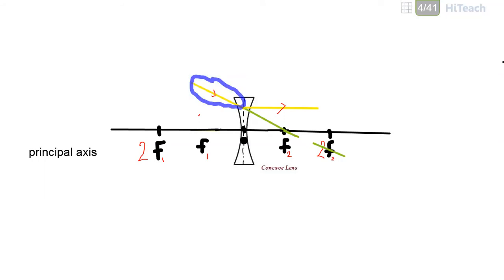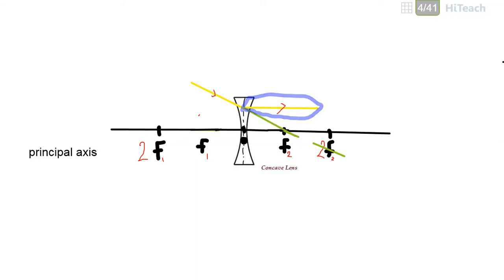How will it refract? It will refract parallel to what? To the principal axis. So these are the rules for the concave lens. For the concave lens, to understand how to draw the image, we said the factors that affect the property of the image depend on the type or shape of the lens and the position of the object from the lens.